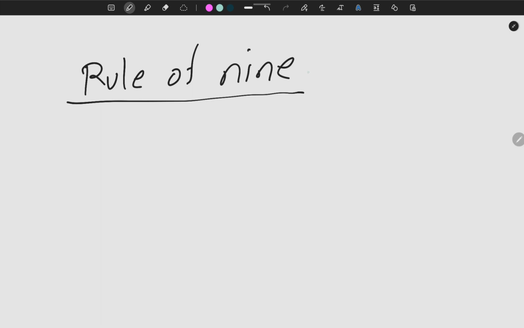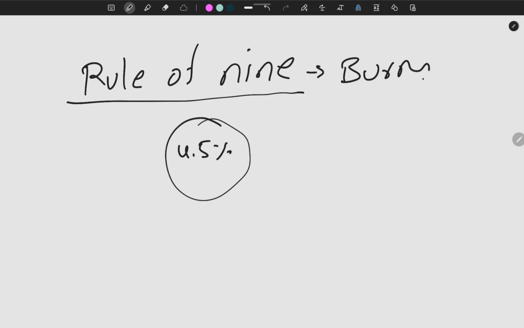So the next one is the rule of 9. So this rule of 9 is used to assess the burns. So in this rule of 9, for adults, 4.5% is the head.